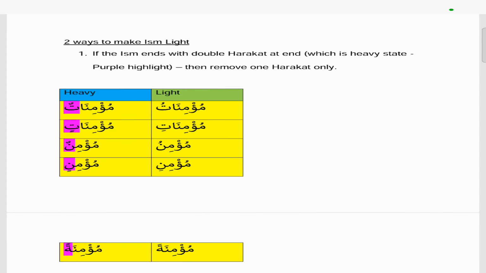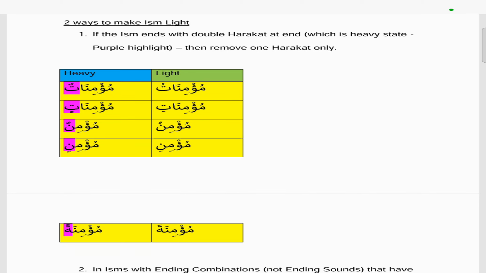If the ism ends with a double harakat, which is a heavy state, highlighted in purple in this table, we can see that the harakat is double in each case on the last letter. Remove one of the harakat and then the ism becomes light. On the left side we've got a row of heavy, highlighted in purple, with a double harakat on the last letter, and on the right side we have the light version.